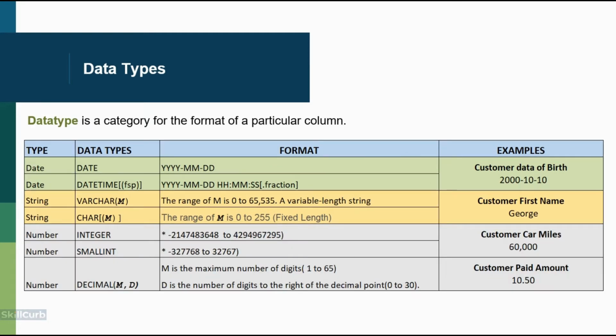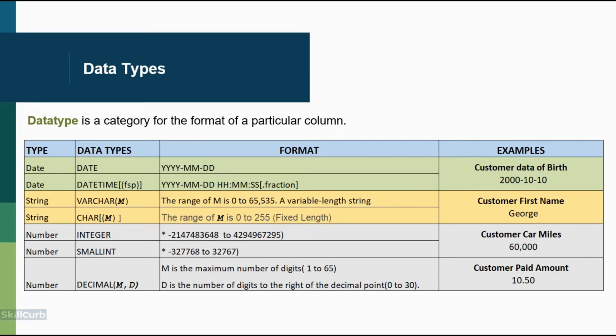The third category of data types comes under number. Anytime we want to store numbers, for instance, we were talking about an automobile table. If you have mileage for the car, that mileage column can be stored as a number. For number, you can have a data type of integer or small int, depending on how big the number is.